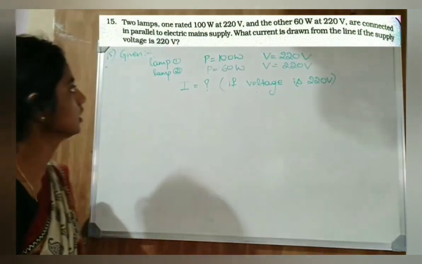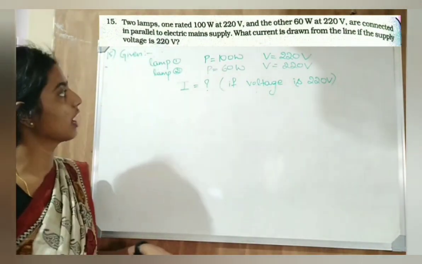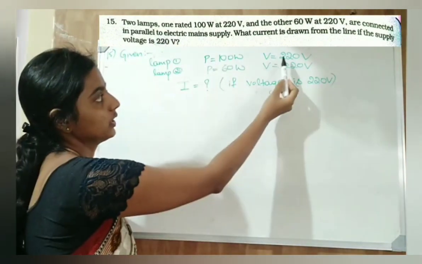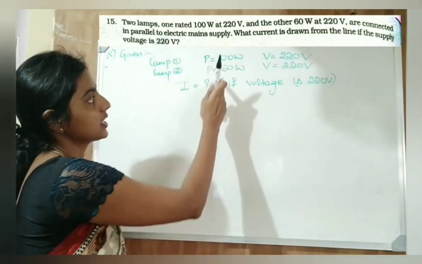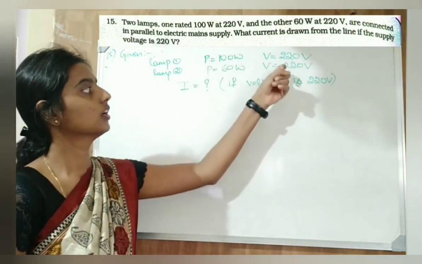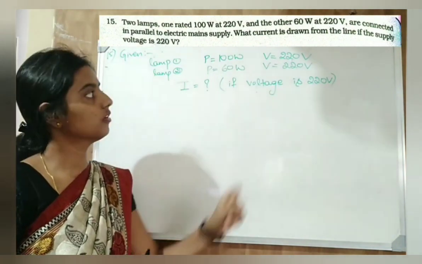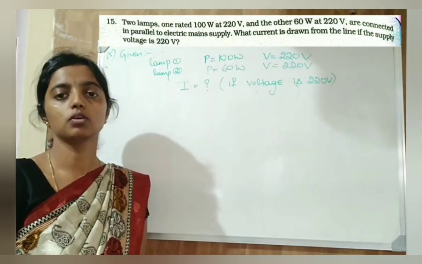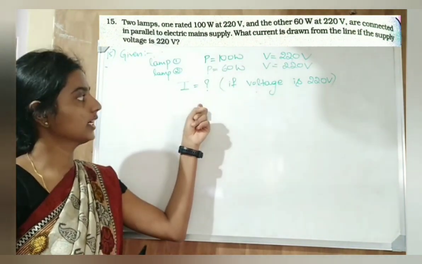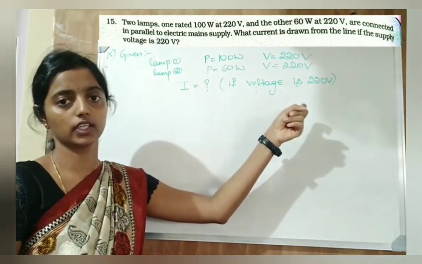Here they have given 2 lamps, the first lamp of power 100 watt with 220 volt and the second lamp with 60 watt and 220 volt. Observe, the volts are the same in both lamps. Now we need to find out current if voltage is 220, right?